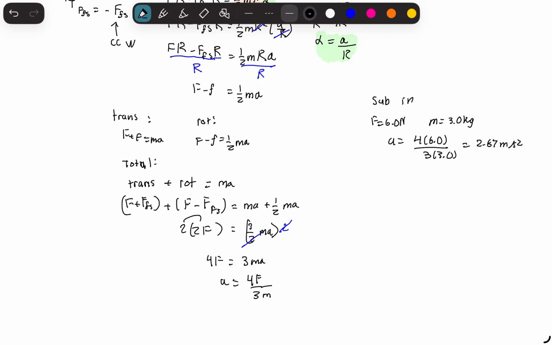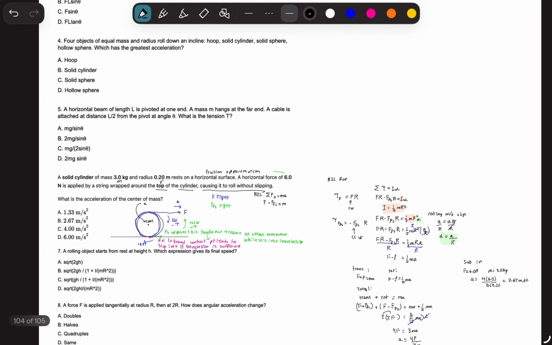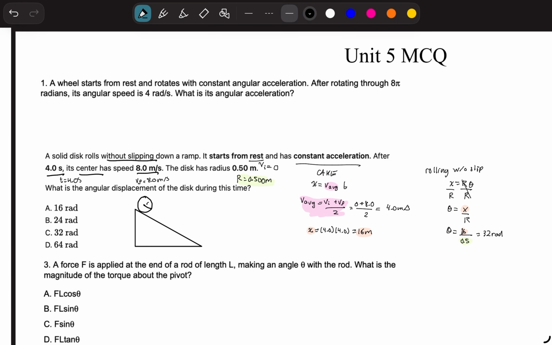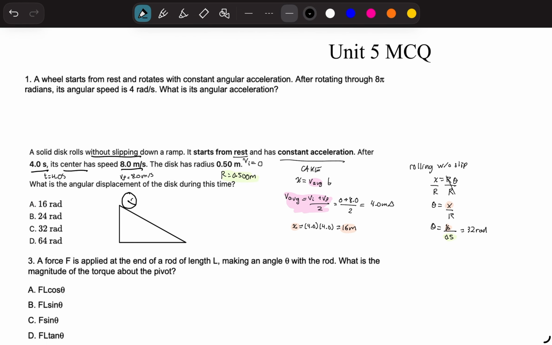Now, we can solve the rest of our problems as well. So, a wheel starts from rest and rotates with constant angular acceleration.